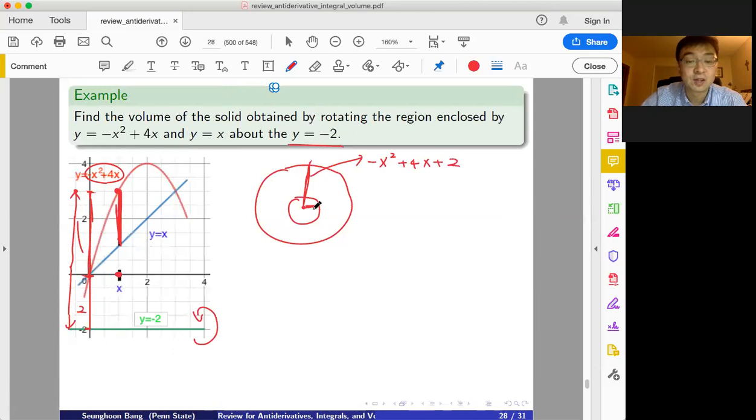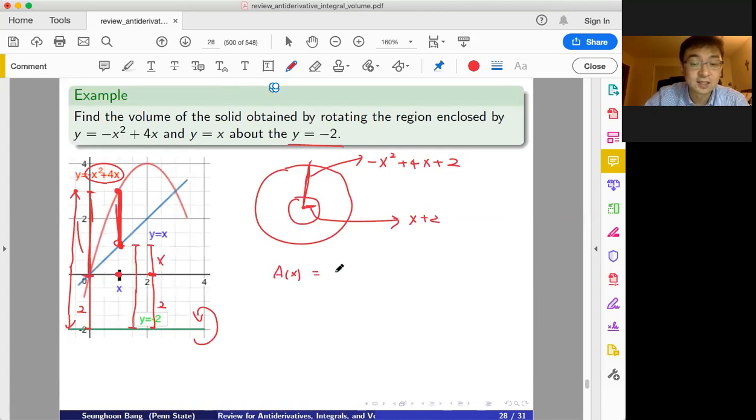This is the outer radius. What is the inner radius? The inner radius is from here to the rotating axis. What's this value? This value is exactly the function value on the line, x. This length is always 2. So we have x plus 2. So what is A of x?